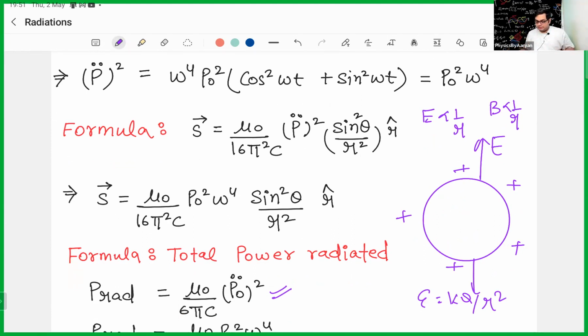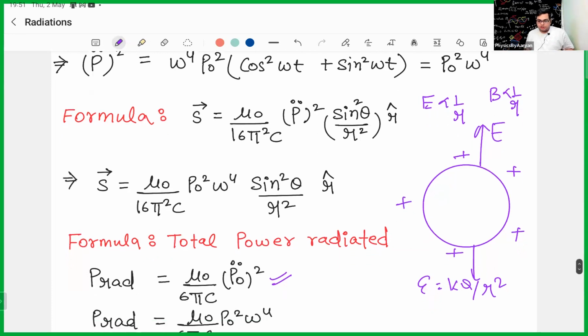But let's say if this sphere had an electric field which depends upon kq by r, then this would represent that this sphere is emitting some of its energy. The energy of this sphere will somehow decrease, and it is emitting that energy into the space around it. That is the difference.